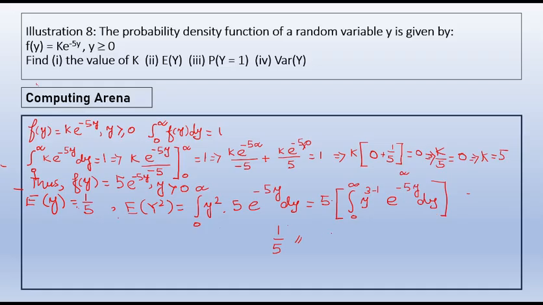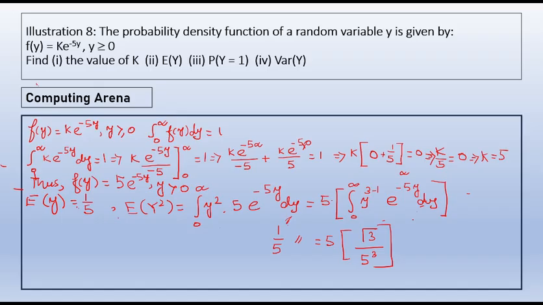So this is equal to 5 into, now this is a gamma integral once again. According to the formula that we had placed earlier, we have y to the power n minus 1. So n is your 3. So we have gamma 3 divided by alpha, alpha is your 5, so 5 to the power 3. So this is equal to gamma 3.